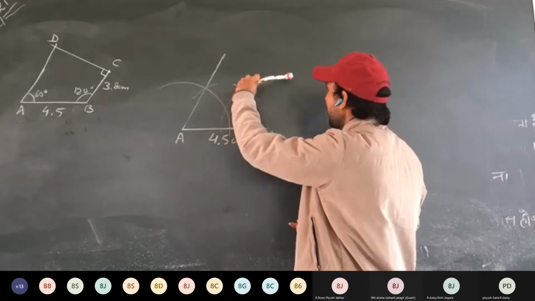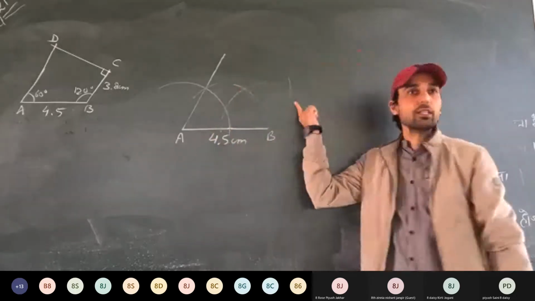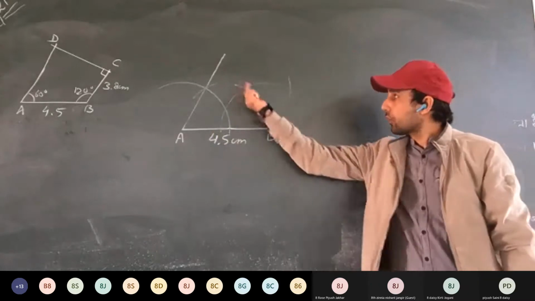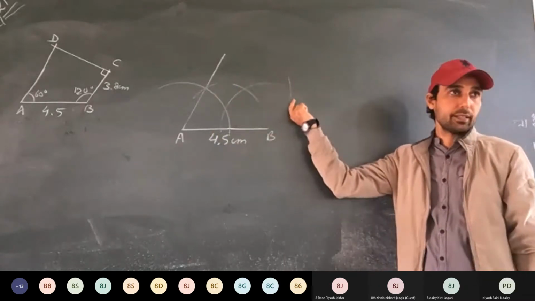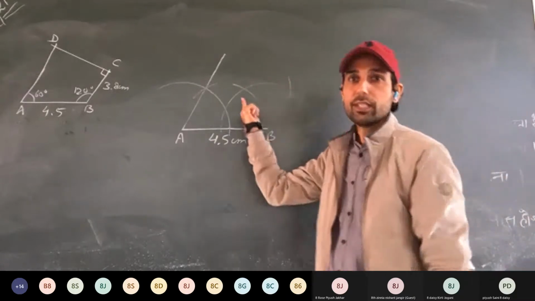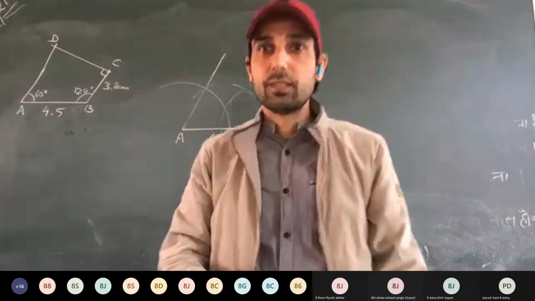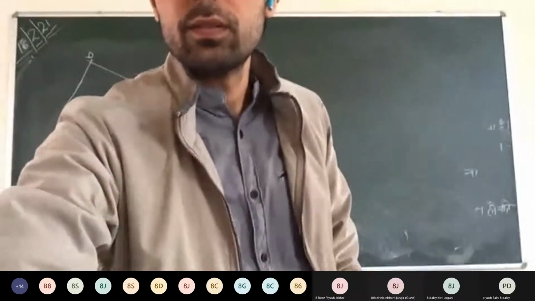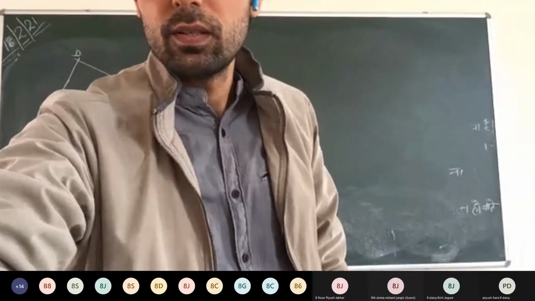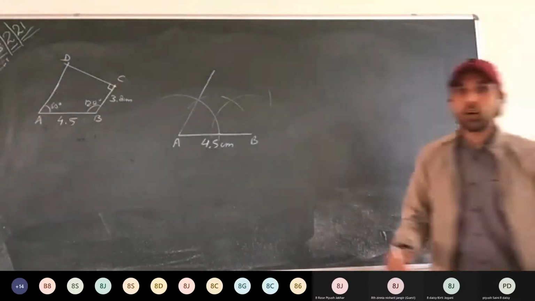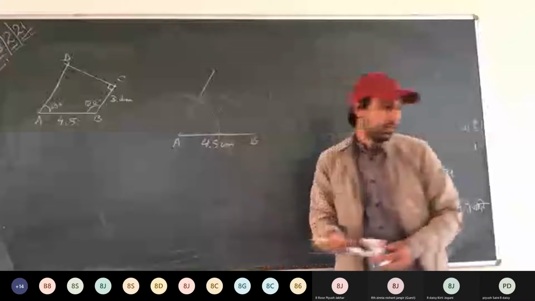Cut once, 60 we made, cut again. We got 120 degrees. So 60 plus 60, 120 we got.